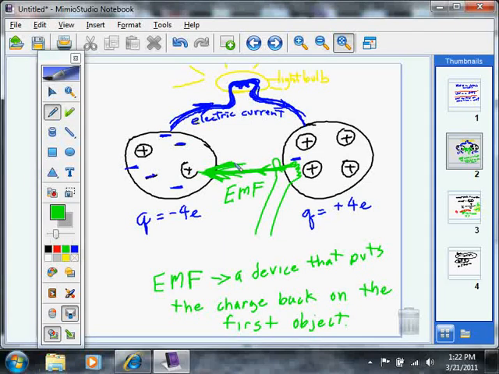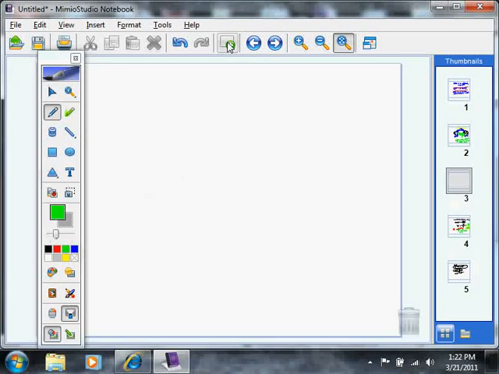In order to do the work, it takes an energy source. So an EMF sometimes is thought of as a source of energy. Now, essentially, there's two EMFs that we're going to be dealing with.